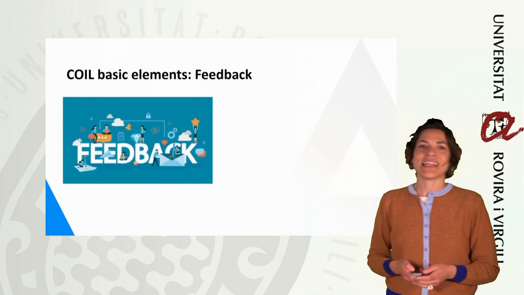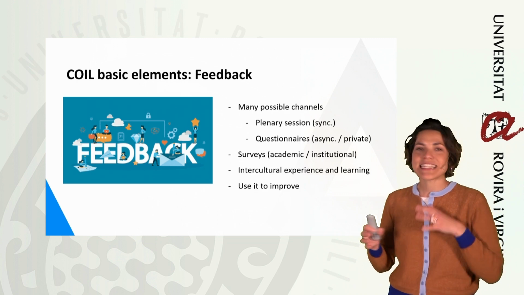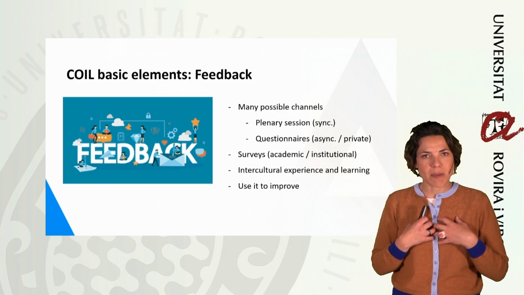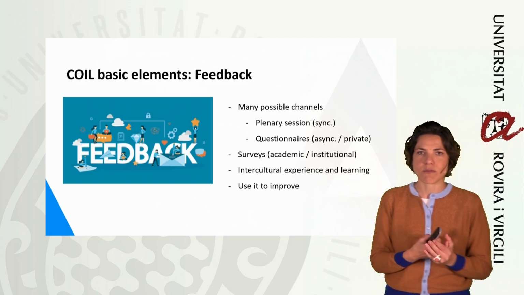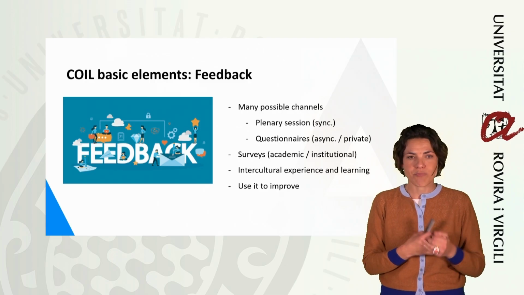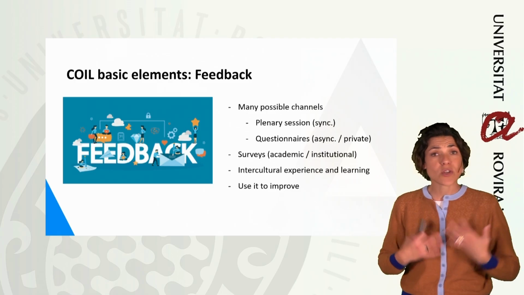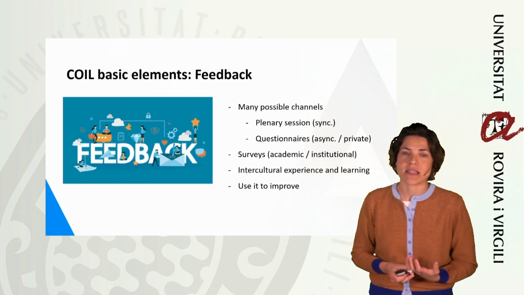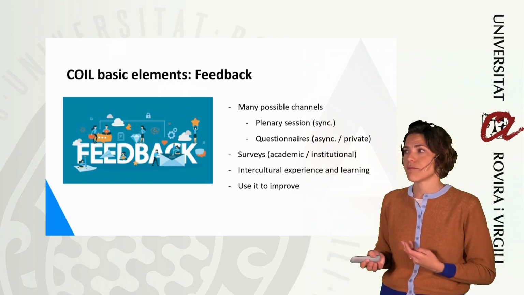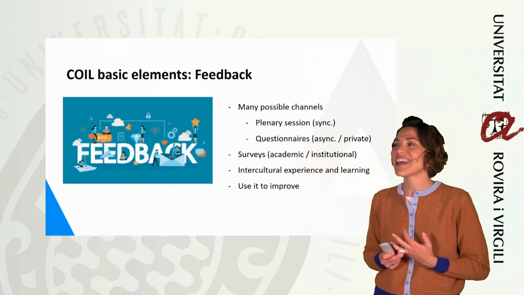And now the final element of a COIL project is the feedback. This can have many channels, and we want feedback from students, as I was just explaining for the final plenary. So you can use the synchronous event to gather that information, or maybe you can use an asynchronous channel via sending out some questionnaires that you, of course, then have to read.